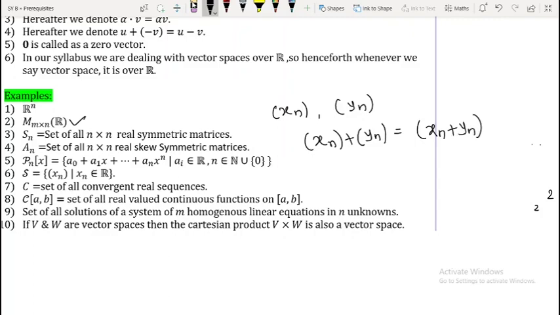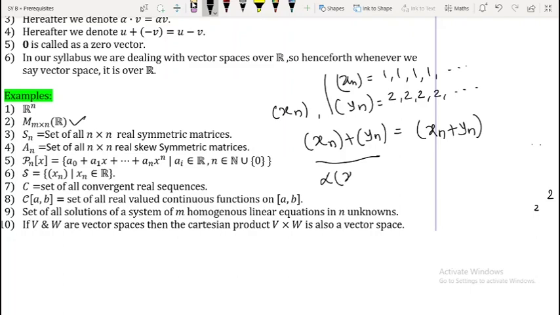What is the meaning? If you have two sequences like 1 1 1 and so on, and suppose 2 2 2 2 and so on, suppose this is xn and this is yn, then what will be our xn plus yn? The addition is going to be 3 3 3 and so on. So in this way the addition is defined. And what about scalar multiplication?